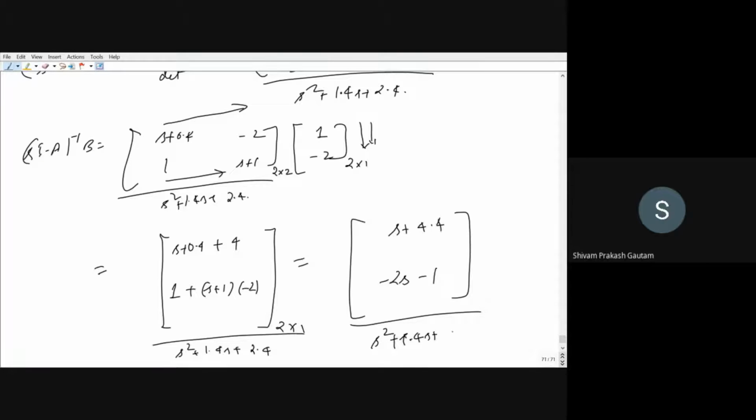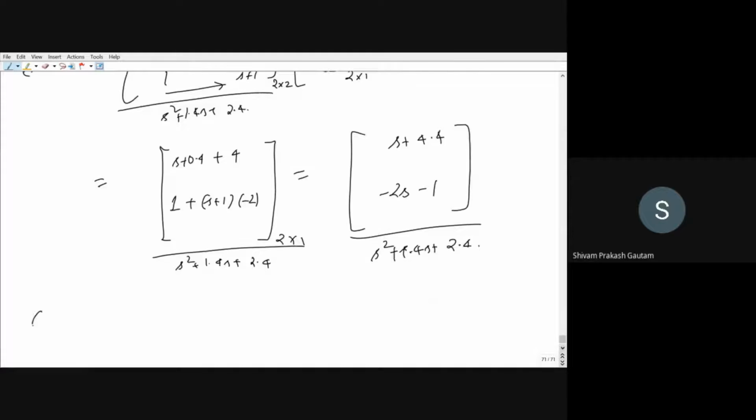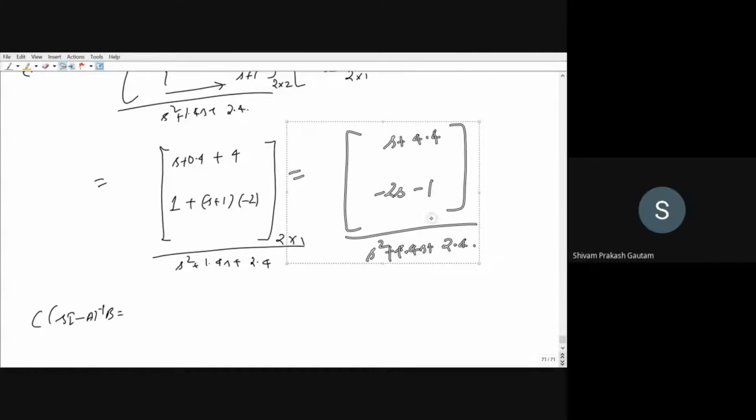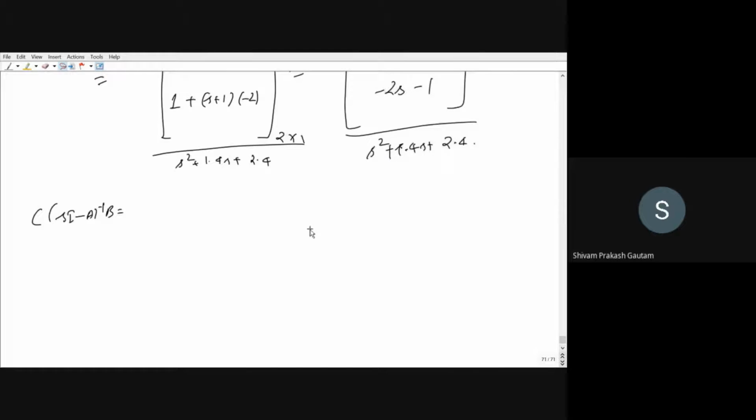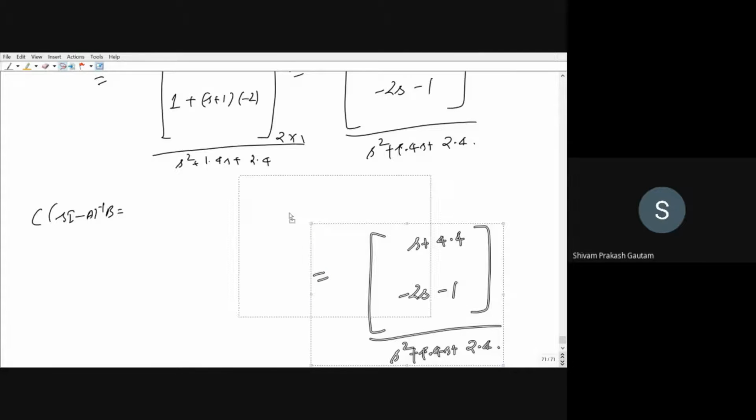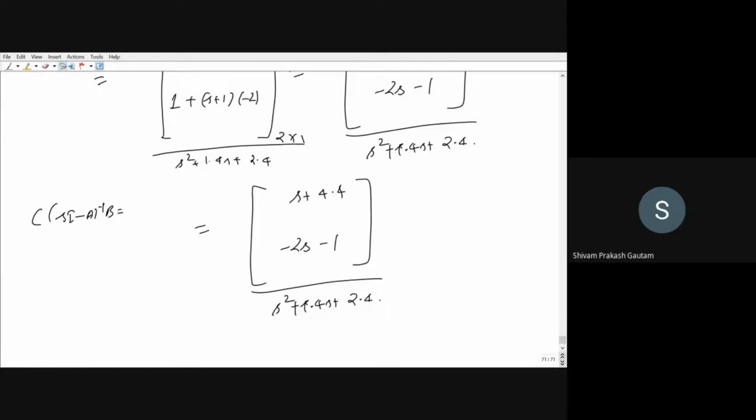Now you have to multiply with the C matrix also: C into (sI minus A) inverse into B. So this is your (sI minus A) inverse into B. You have to multiply it by the C matrix.